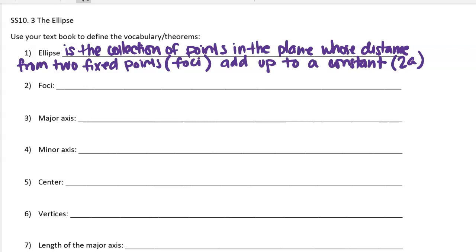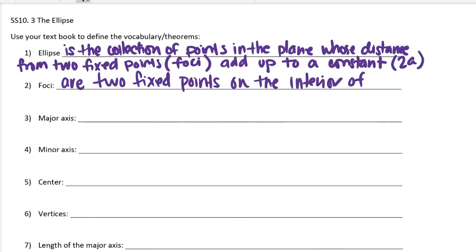Foci are two fixed points on the interior of the ellipse.